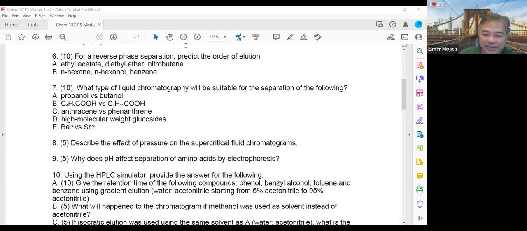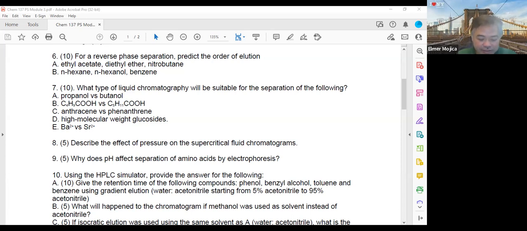So if you remember, there are what we call basic chromatography. I mean, in chromatography sa LC, you have what? The partition. Okay. Under dito sa partition, nandun yung reverse phase at normal phase.